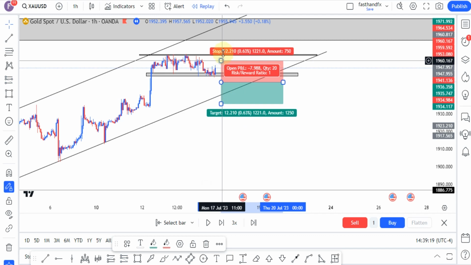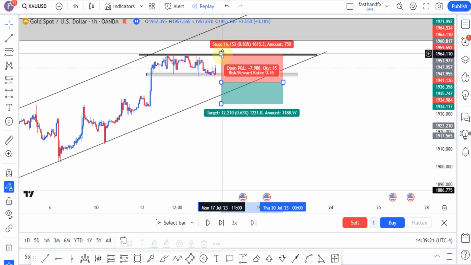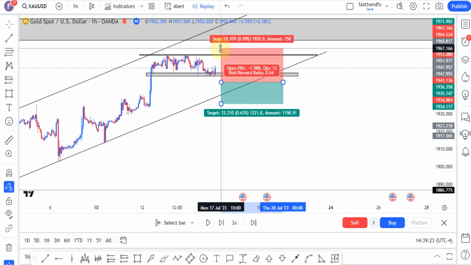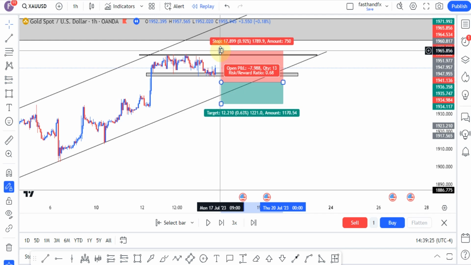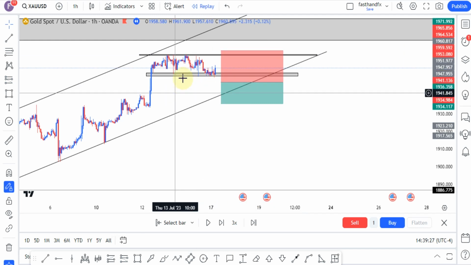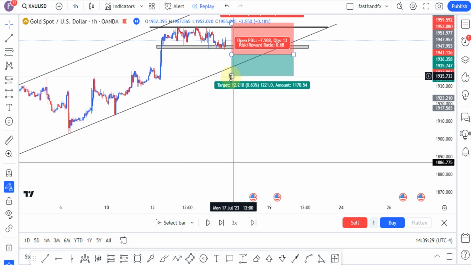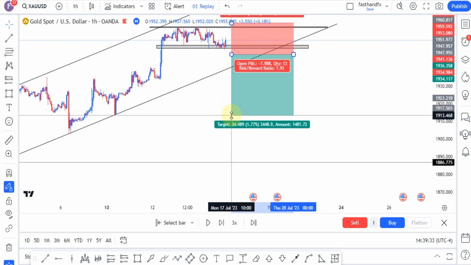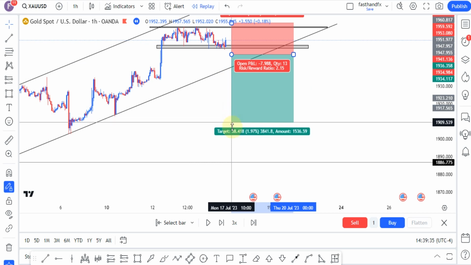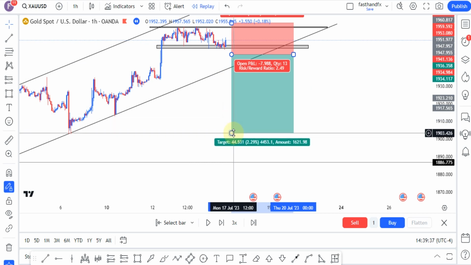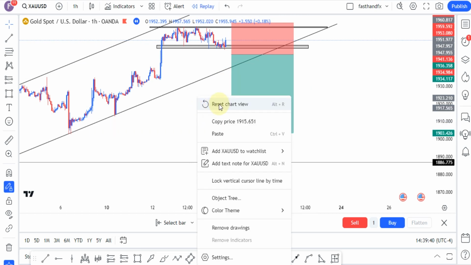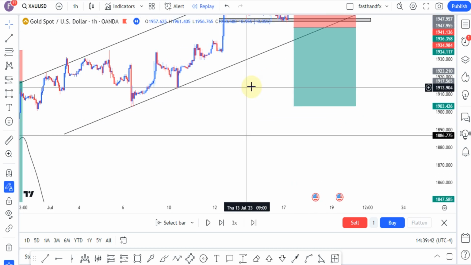Let's say your stop loss is somewhere here. Then maybe your first take profit should be down here. This should be your first take profit, then this should be your next take profit.